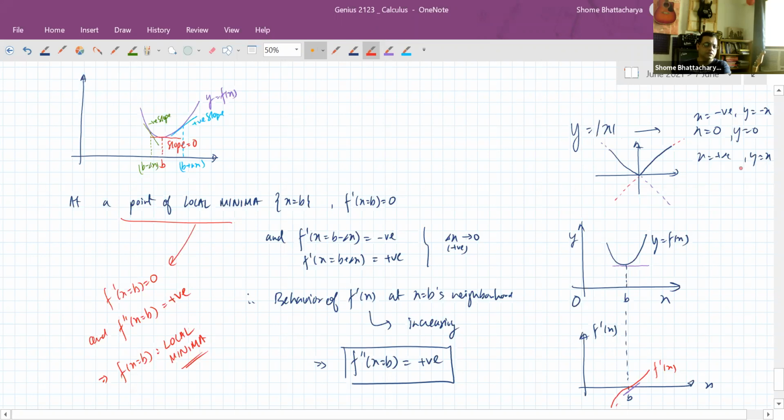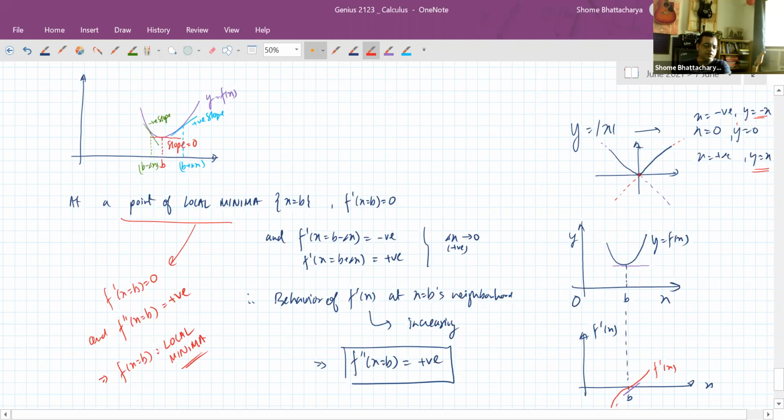That is why the definition is like this: for positive values of x, it is the graph of the straight line y equal to x, and for negative values of x, it is the graph of the line y equal to minus x. So it is actually not a single function. It is constructed out of two different functions, so it presents a problem for us at this corner point at 0.